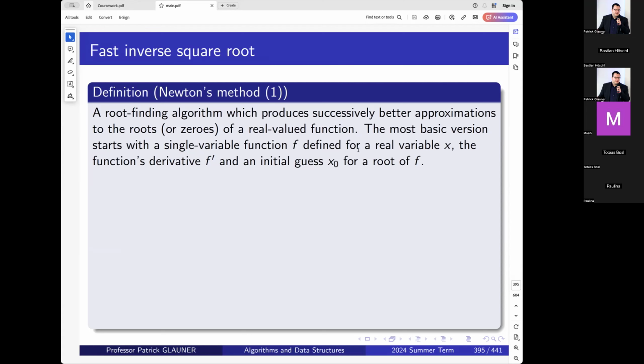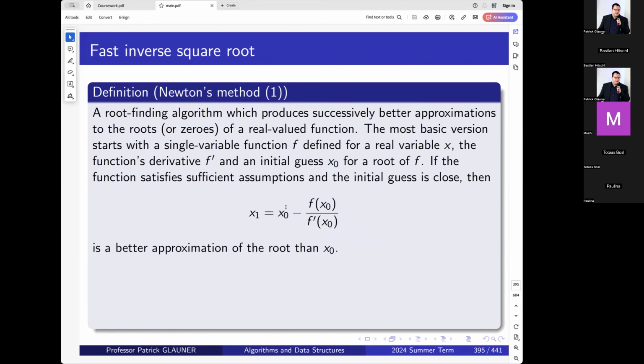So what we do is we will start with a guess x0 where the root could be approximately, or where the 0 could be approximately. It doesn't need to be the exact one, but we just make some guess x0. And then we can try to approximate a better solution of x, which we call x1. And this is x0 minus the function f at x0 divided by the value of the derivative at x0.